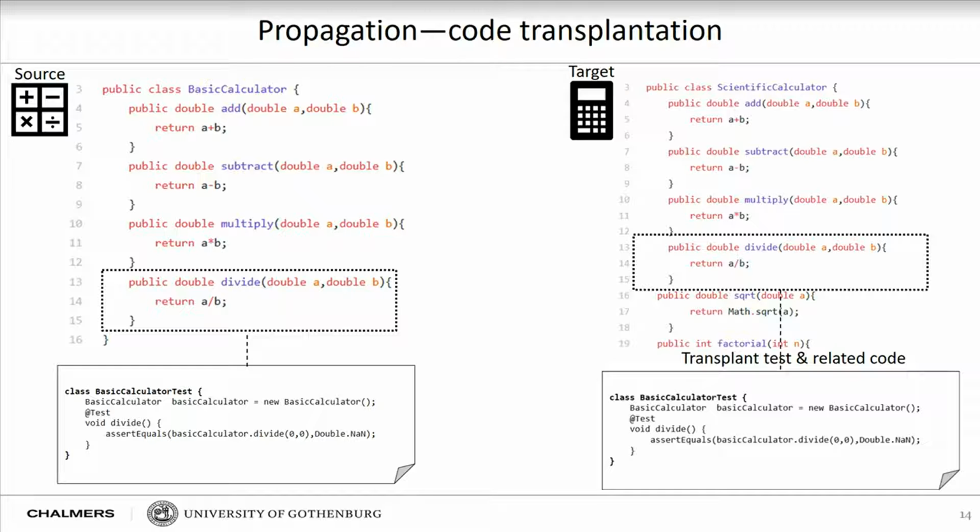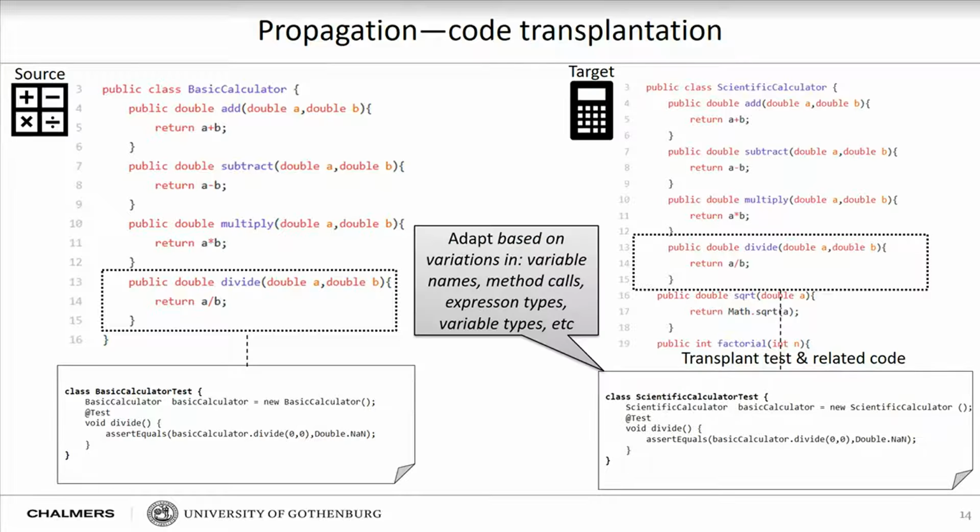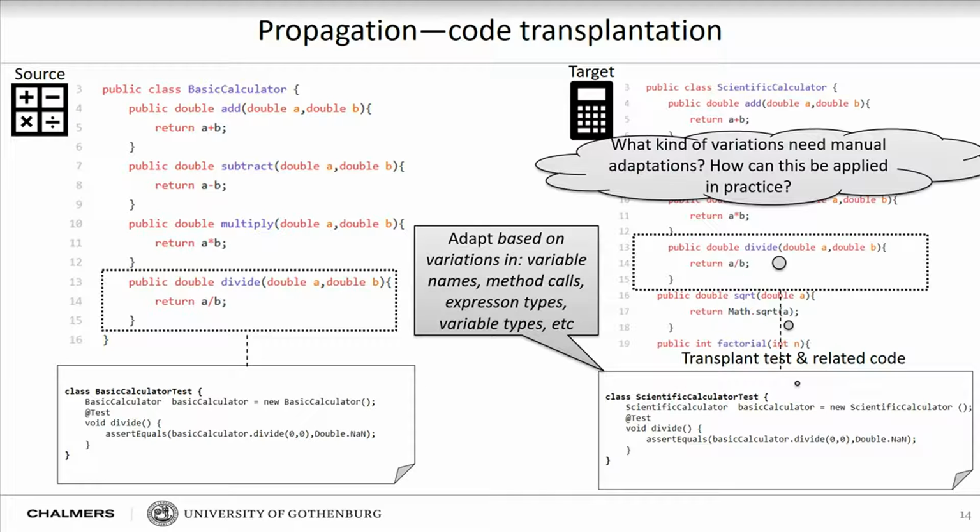So we would have to adapt the test case to the target project by looking at variations, for example, in the variable names, the method calls. If a method is used by the basic calculator test which doesn't exist in the target, we need to copy it, for example. And here the question is, what kind of variations need manual adaptations, and how can this be applied in practice?